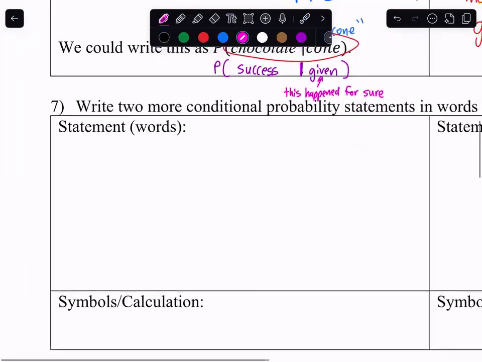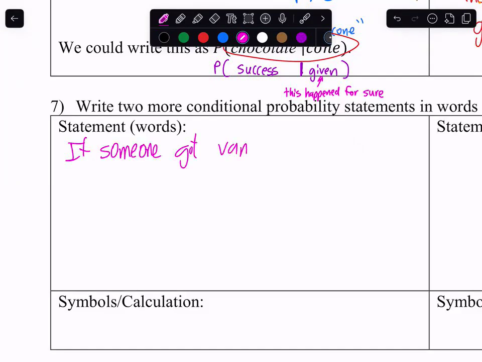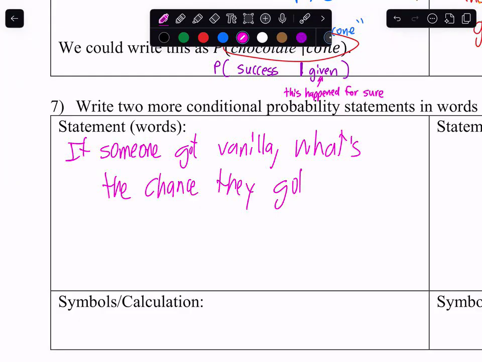Okay, but let's say you want to do: if someone got vanilla, what's the chance they got a cup? Here I know for sure they got vanilla, so that would be the given after the bar.